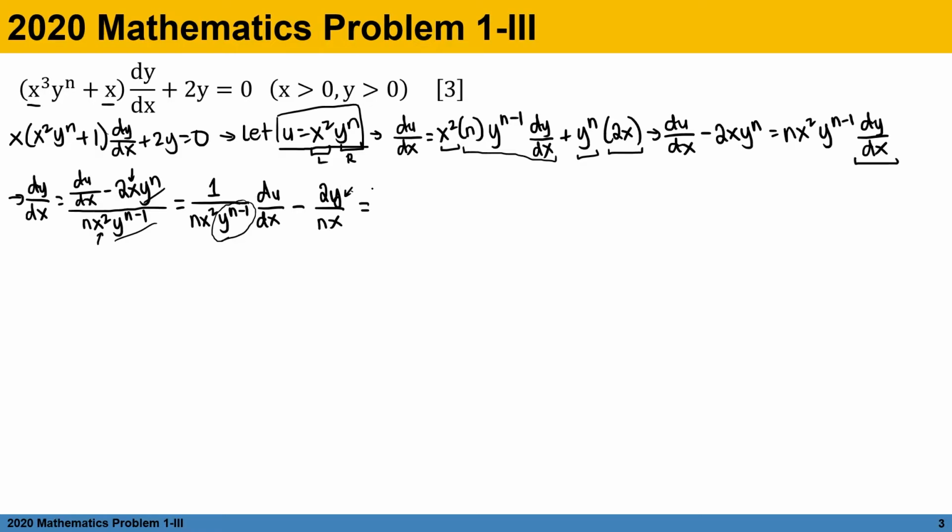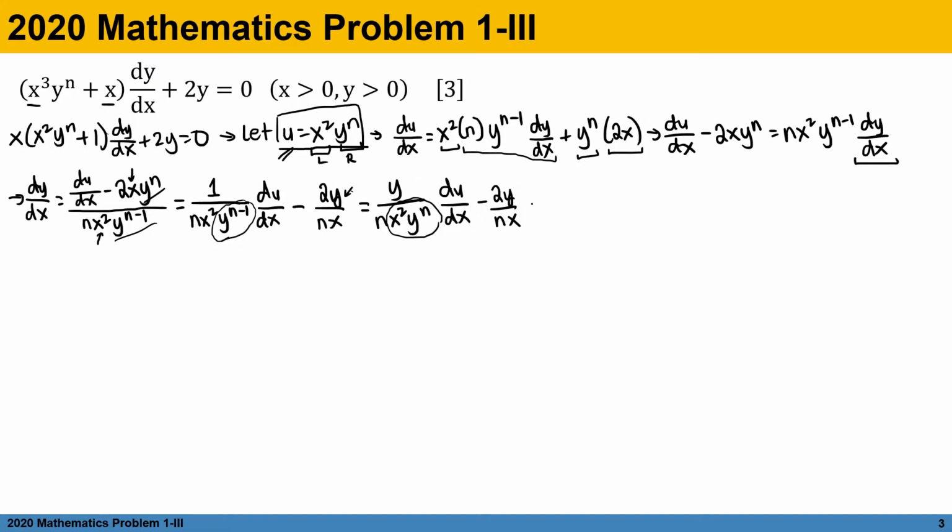We can rewrite the first term as y over n x squared y to the n, du over dx, minus 2y over nx. You can see that x squared y to the n is our u variable.